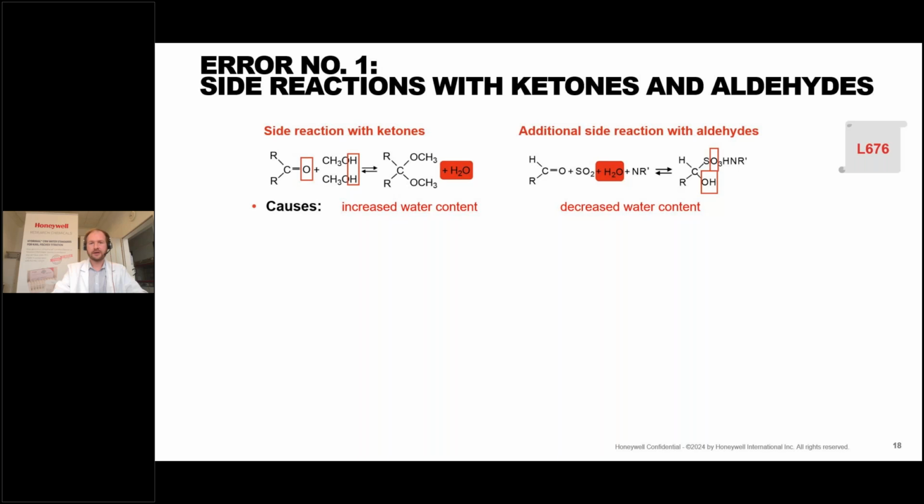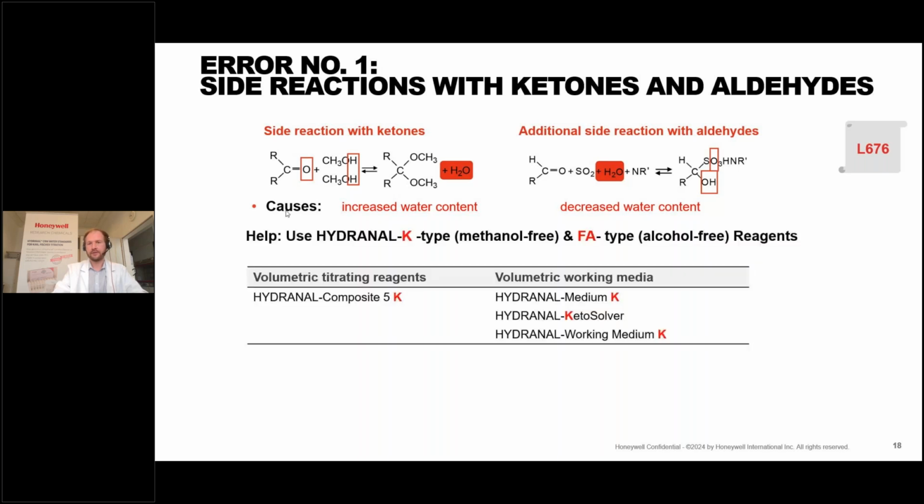However, most of these side reactions can be suppressed by using methanol-free reagents. We call them K-type reagents, such as Composite 5K and Medium K for the volumetric titration.